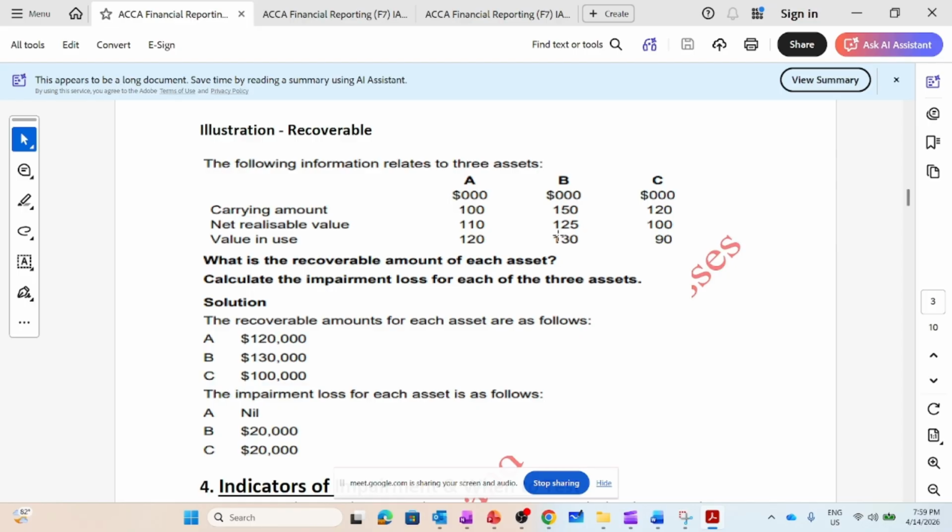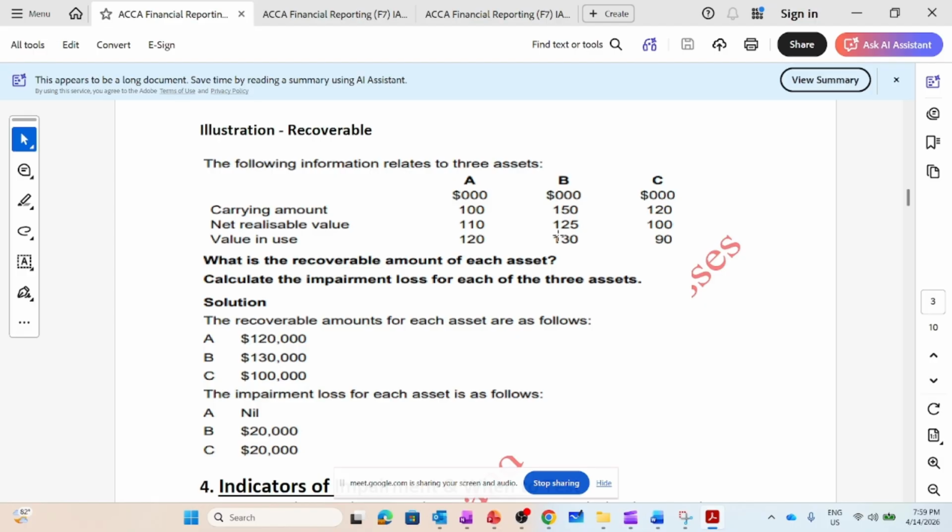Now the impairment: we are going to compare the carrying value with the recoverable value. That's the time you're going to get impairment. If the carrying value is greater than the recoverable value, then there's impairment. But if the recoverable value is greater than the carrying value, then there is no impairment. You need to get this point very clear.